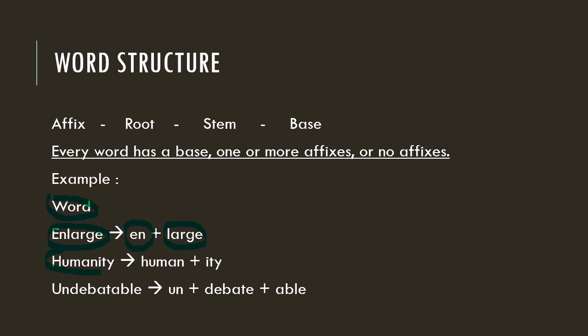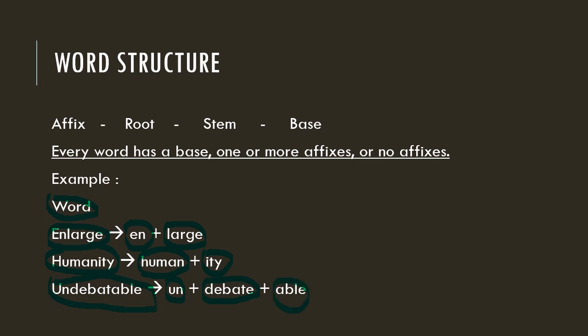Next, we have the word humanity. It consists of the word human and the suffix ity. Next, we have the word undebatable. It consists of the prefix un, then the word debate, and the suffix able.